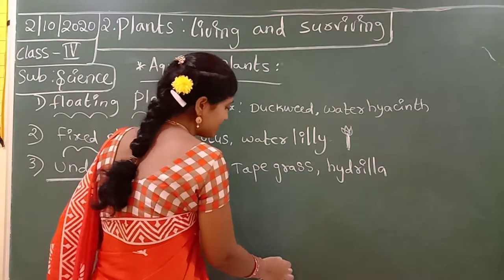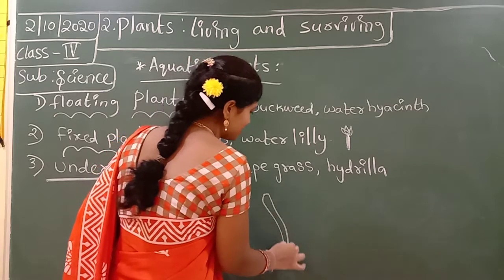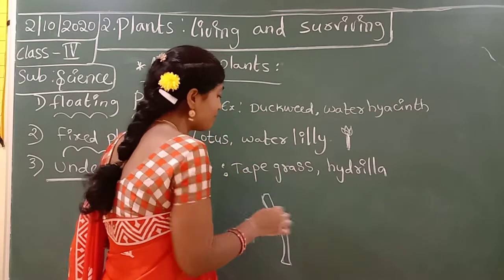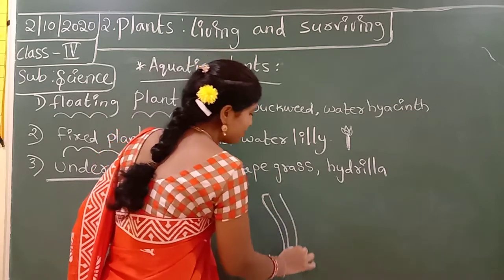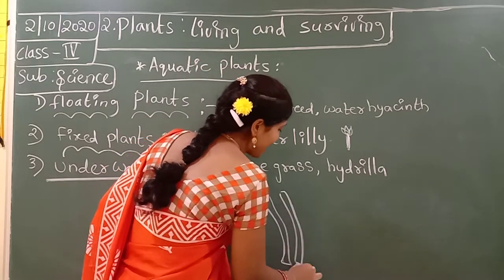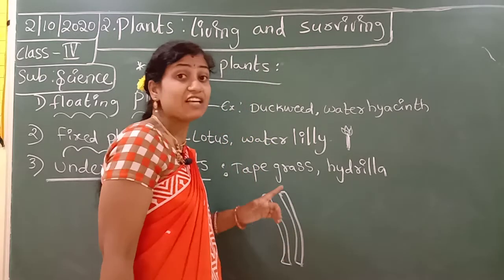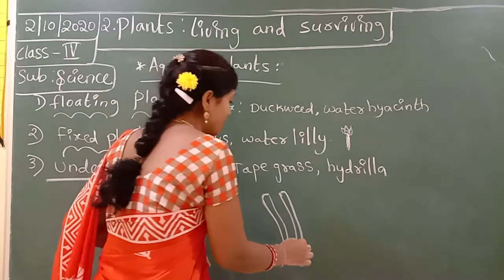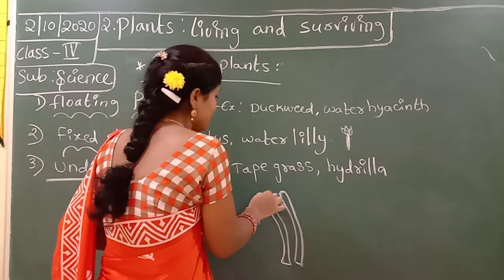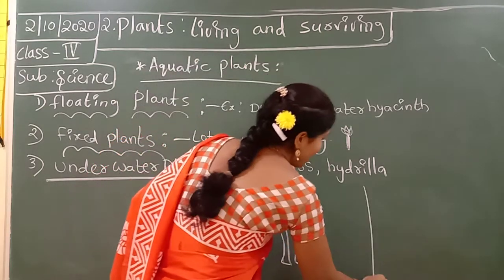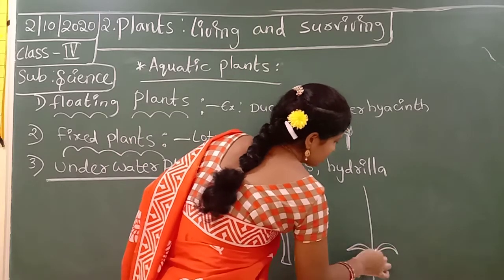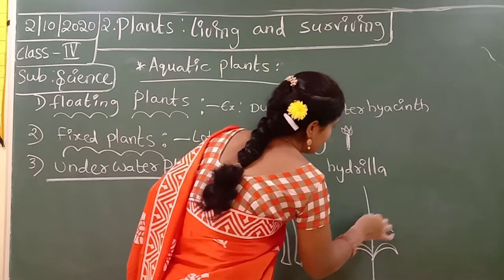So tape grass has ribbon-like leaves. Very small, ribbon-like leaves. Next, the hydrilla plant. This is the hydrilla plant.